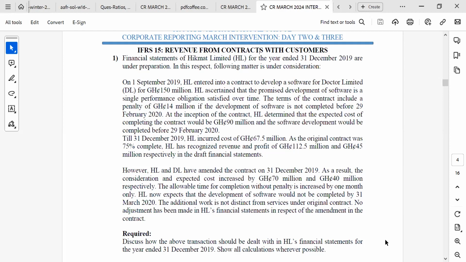The company is now certain that the work cannot be completed before the date, because they have been given 1 month allowance. So the work should be completed maybe somewhere at the end of March. But they are saying that HR expects that the development of software will not be completed by 31 March 2020. What does it mean?